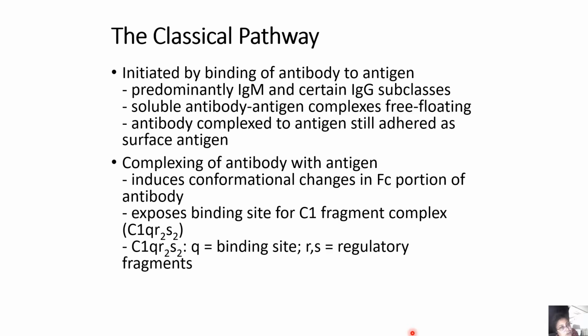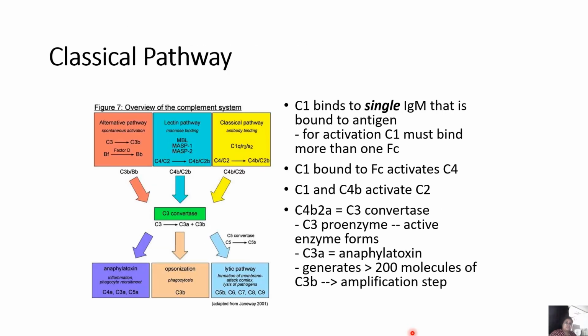Now, complexing of antibody with antigen induces conformational changes in the Fc portion of the antibody, exposing the binding site for the C1 complex. Okay, so C1 binds to a single IgM that is bound to antigen. Now for activation, C1 must bind more than one Fc.